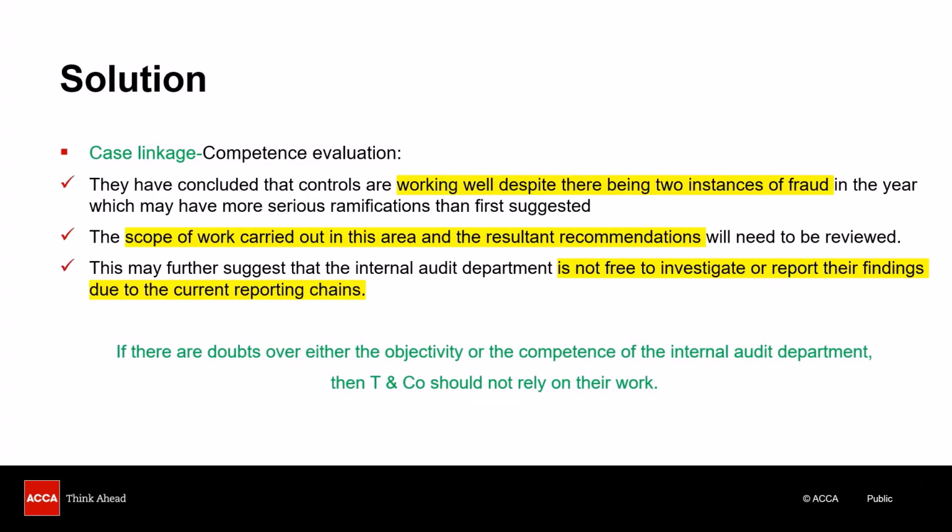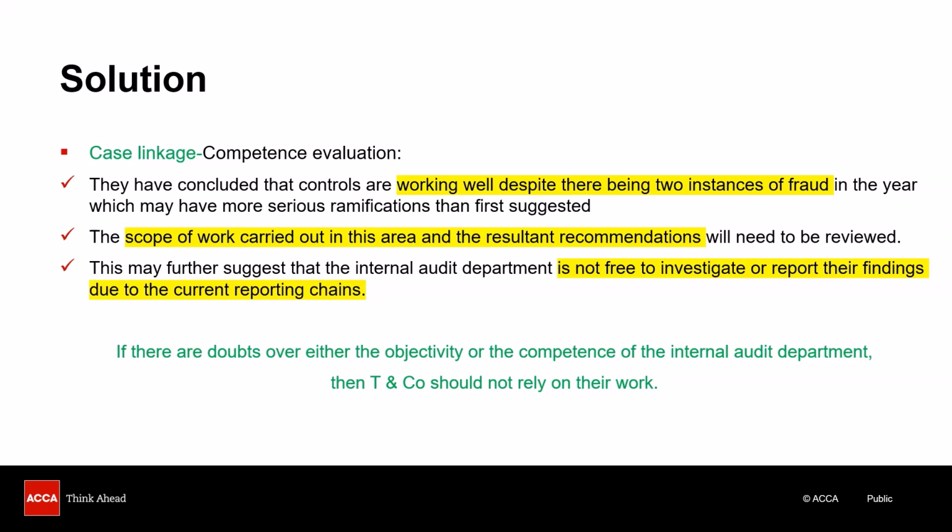In terms of their competence, I have some additional points. They are saying the systems are working well in spite of the 2 instances of fraud. I need to know what the scope of their work was, what their recommendations were. I am also concerned that because they report to the finance director, maybe they were not allowed to investigate these any further.